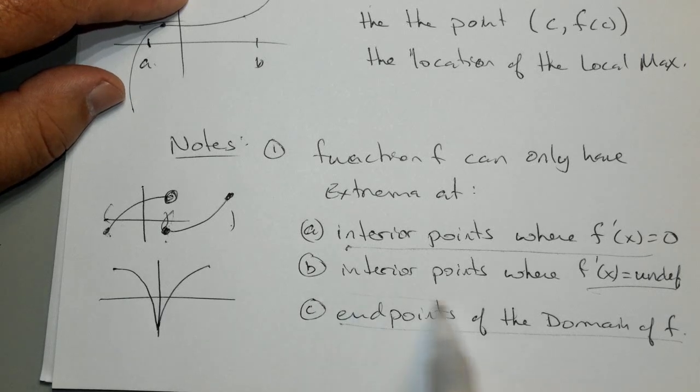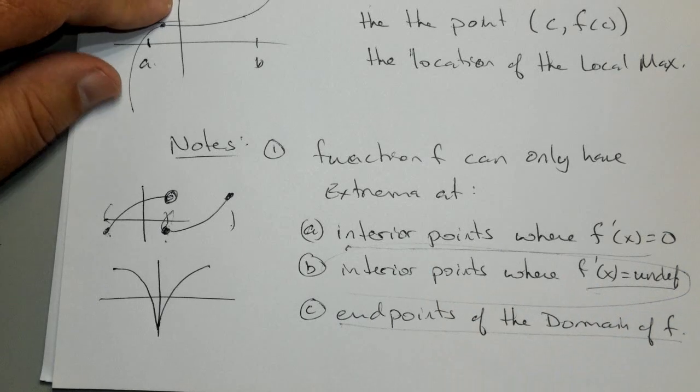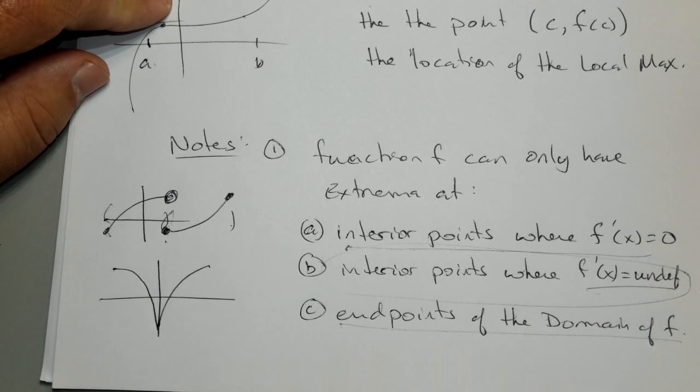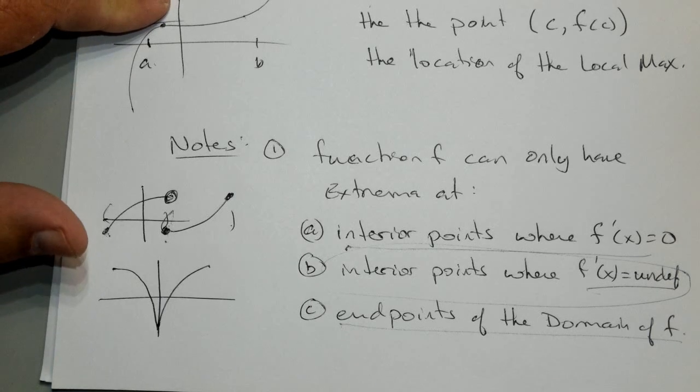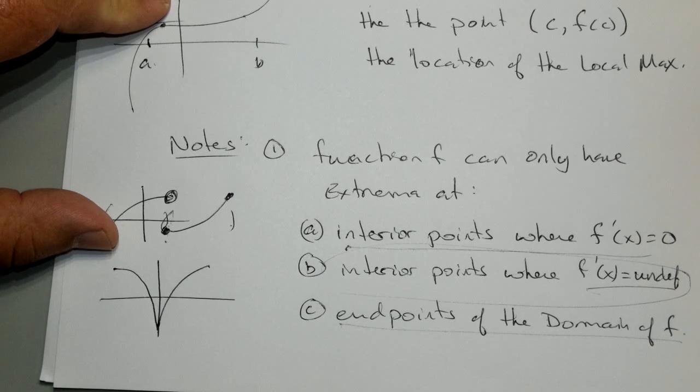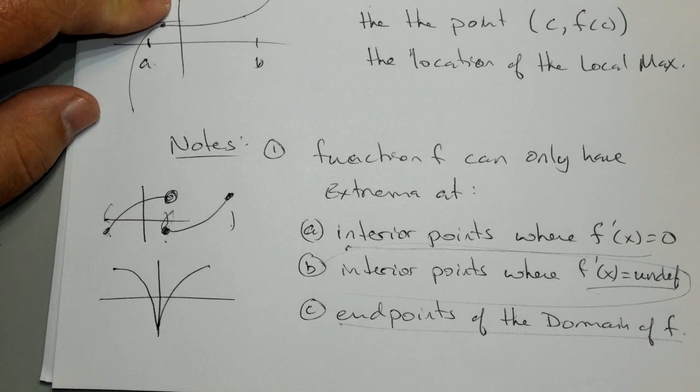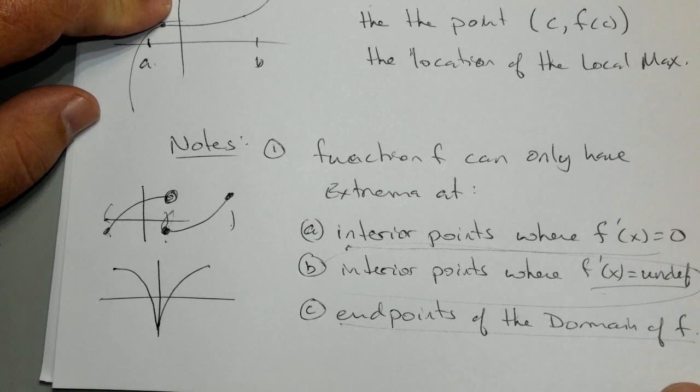The only one that's a problem is this one. But because it creates sub-intervals, we can find local minimums and local maximums. We cannot use absolutes, but we can find locals. Another name for absolute extrema is global, because it's throughout the entire domain.